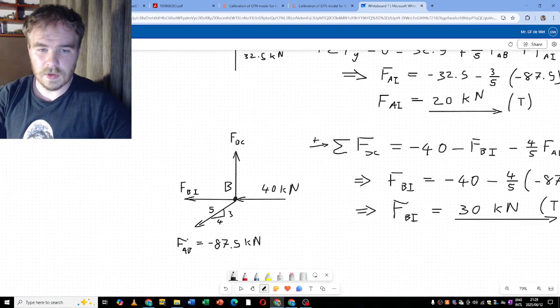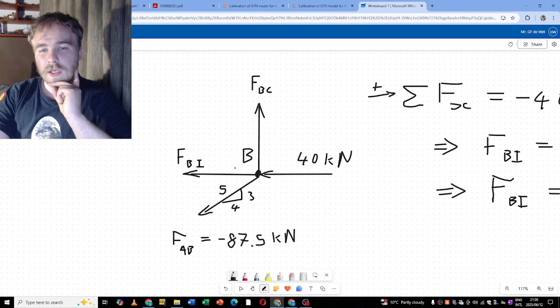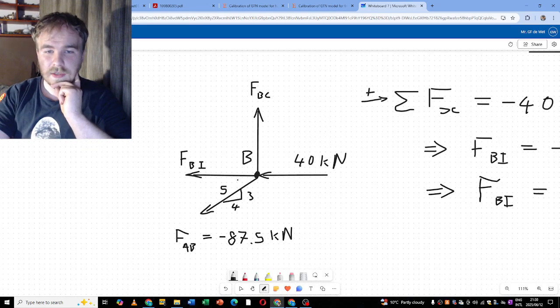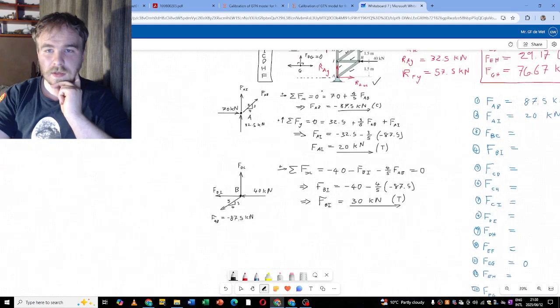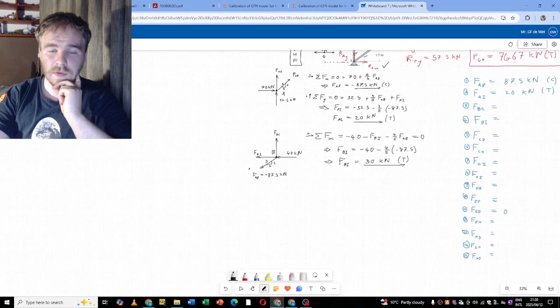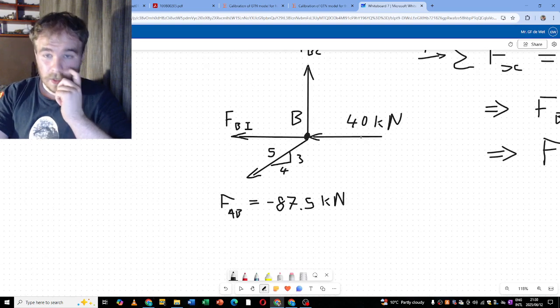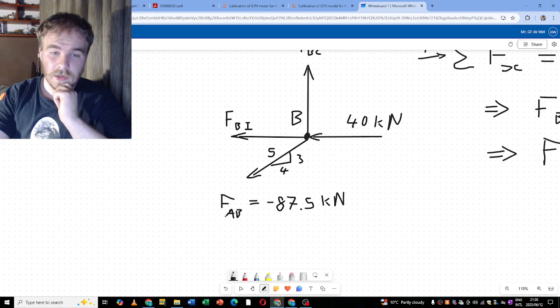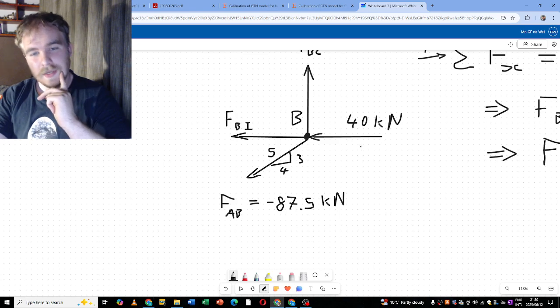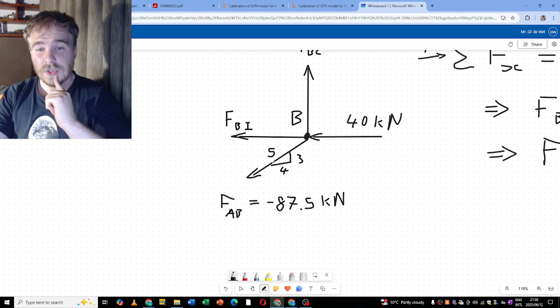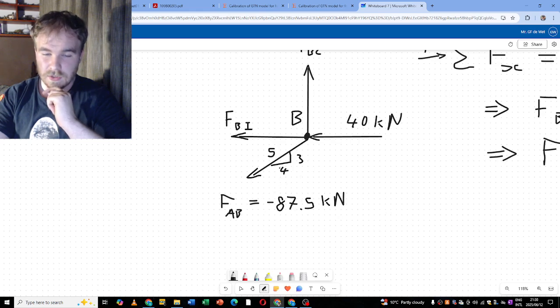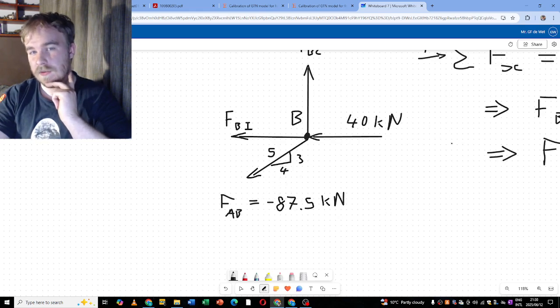Okay, let's go quickly and look if that makes sense. We have a 40 kilonewtons pushing against. Now I just have to check. Did I take that as correct? Yeah, that's 2 on this one. Okay, so the triangle over here is correct. Great. Okay, we have 40 kilonewtons pushing in the negative direction. Then we have FAB, but we know it's actually a negative value. So it's in fact pushing in the positive direction. And 3/5 of 87.5 is a lot larger than a half at least of that. So it's larger than 40 kilonewtons in the positive direction.